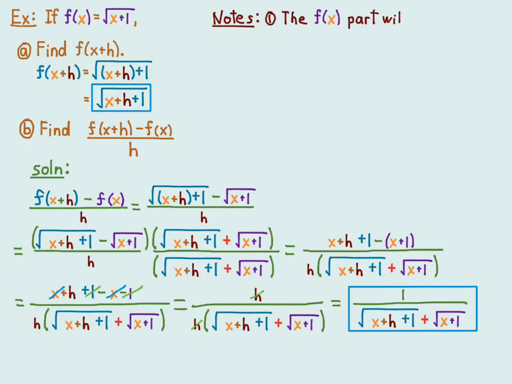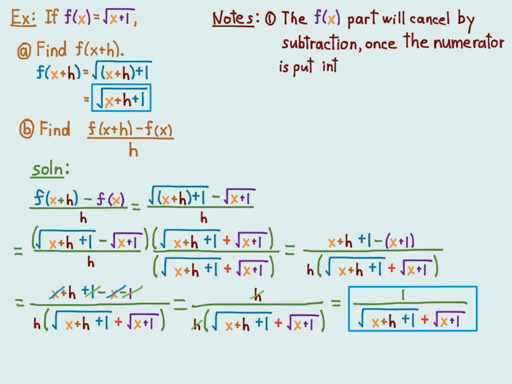So a couple notes. First, the f of x part will cancel by subtraction once the numerator is put in the right form, whatever that is. Okay, so you want to find a form where those will cancel. So what am I talking about? The f of x part over here is the purple part.